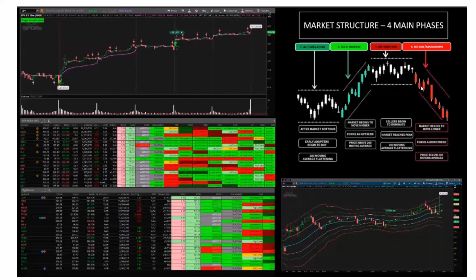So we want to go into a trade mostly during the accumulation phase or acceleration phase when we are bullish, or mostly during the distribution phase or the deceleration phase if we are bearish or short the market, and long the market is for the other one, which is for a bullish trade.